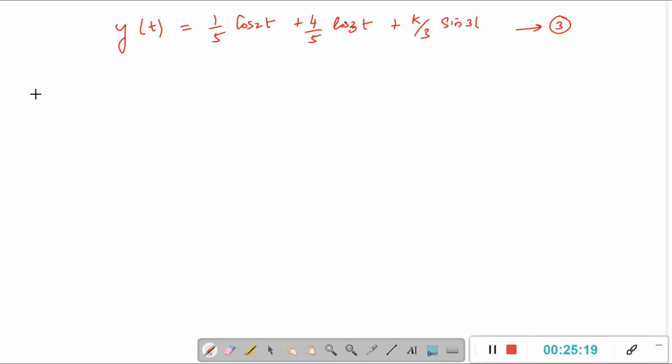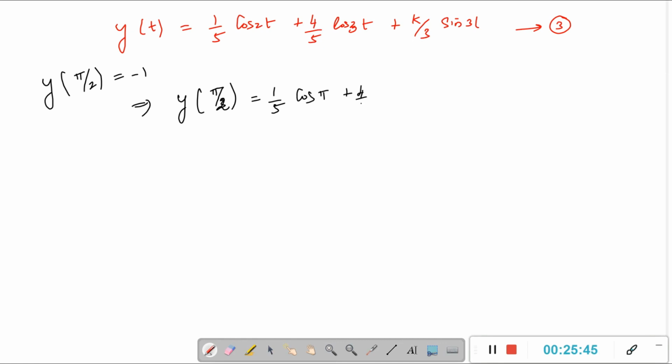Now I am going to apply the boundary condition. That means it is also given that y of pi by 2 equal to minus 1. Now I am going to substitute t equal to pi by 2. If you apply t equal to pi by 2 in the third equation, you may get y of pi by 2 equal to 1 by 5 cos pi plus 4 by 5 cos 3 pi by 2 plus k by 3 sin 3 pi by 2.